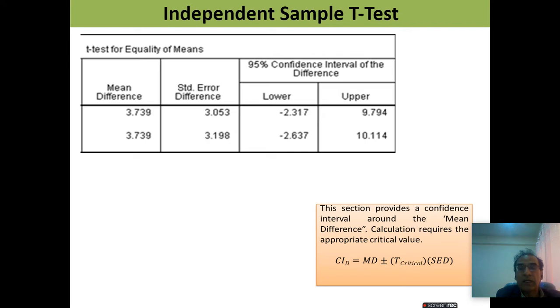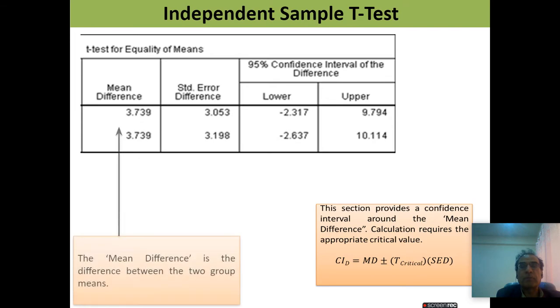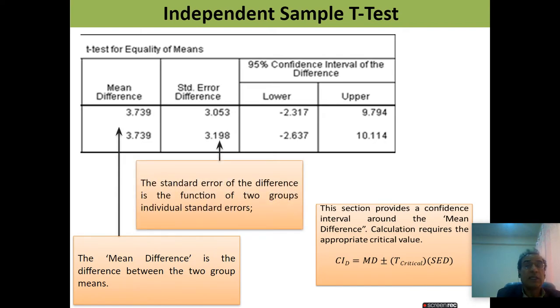Calculation requires the appropriate critical value, so critical equals MD plus the critical value times SED. So here you can find the difference is 3.739. The mean difference is the difference between two group means. The standard error of the difference is a function of the two groups' individual standard errors.